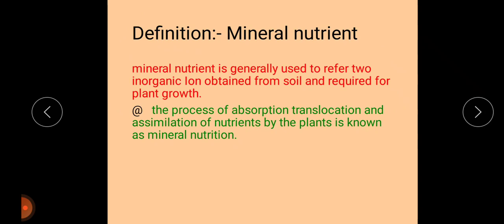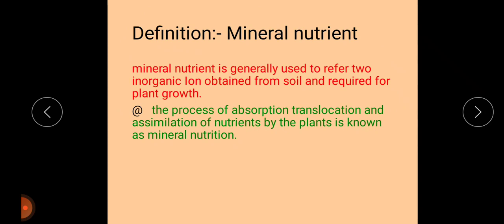Basically, mineral nutrient generally refers to inorganic ions obtained from soil and required for plant growth. Those essential plant nutrients are obtained from soil's inorganic components, basically ions and metals, and these ionic forms should be available for the different crops.